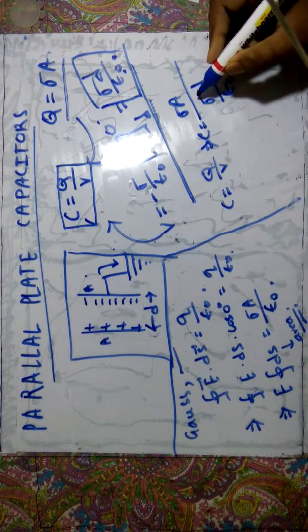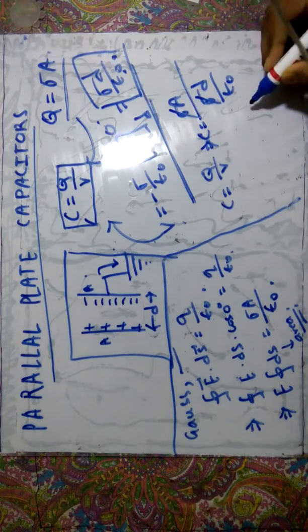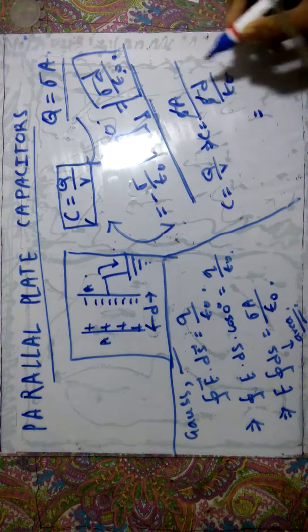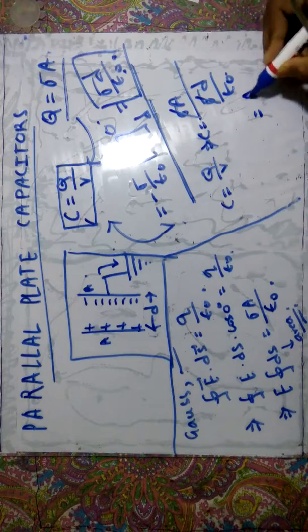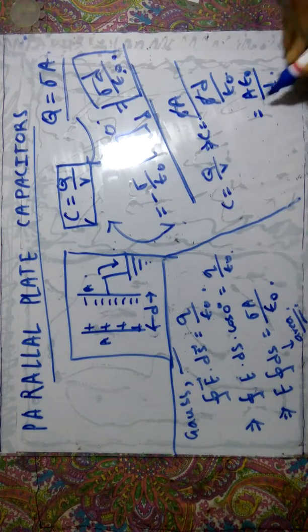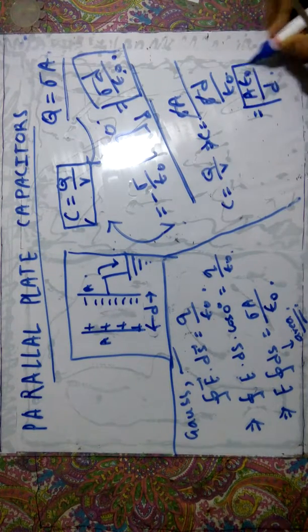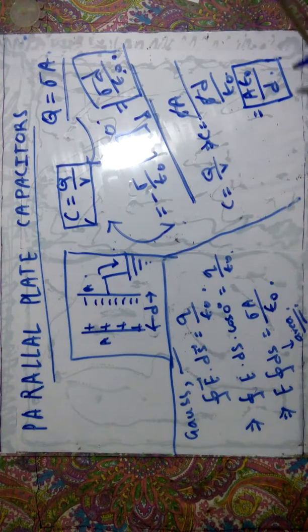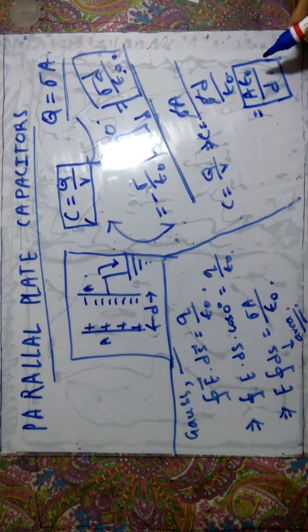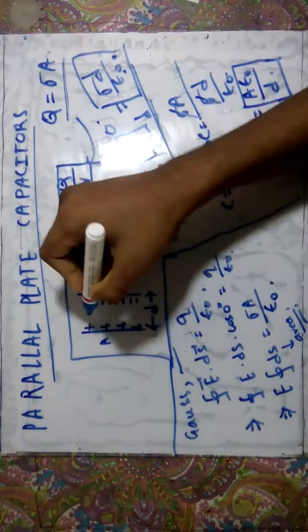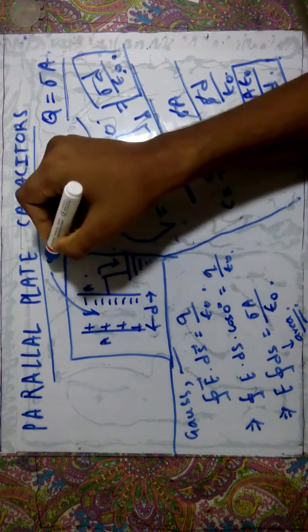Now let's cancel sigma, and we get C equal to A epsilon 0 by D. This is the capacitance of the parallel plate capacitor, and we assumed that the medium between the plates is vacuum.